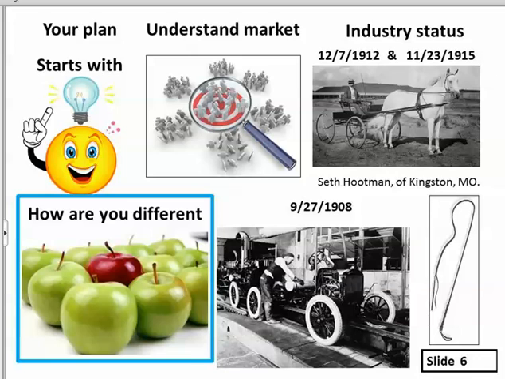And you might remember the example of the good Mr. Hootman and his buggy whip, which is a really great idea for the horse and buggy era, except that he was doing this 4 to 7 years after the automobile started to really become popular. And so we talked about producing something in a declining market.